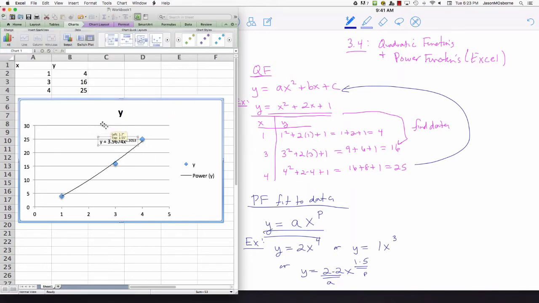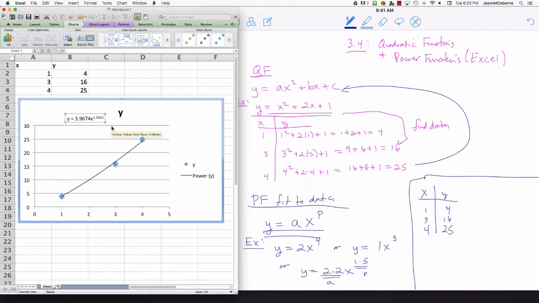and there you go. So if you have to fit the same set of data, x, y, 1, 3, 4, 4, 16, 25, if you have to fit this with a power function, the best power function which fits is going to be y is equal to 3.9674 multiplied by x to some power 1.3053.